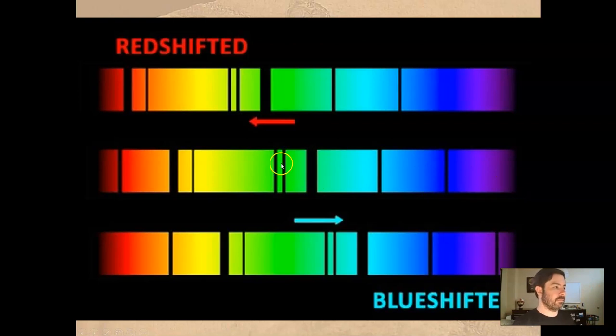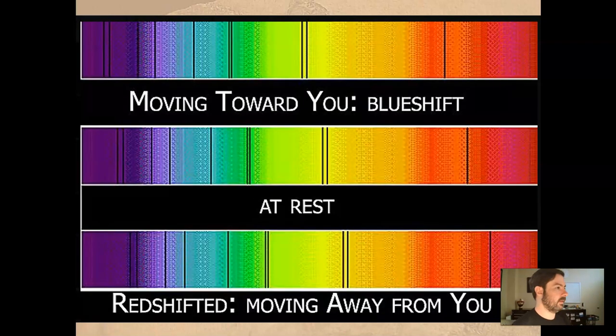Well, if I see that same pattern of lines, but they're shifted more down towards the red region, that's called a red shift. That actually lets me know that something is moving away. This light source, this galaxy is moving away. If the lines are shifted more towards the blue, that's called a blue shift. And that actually means this light source is coming closer. It's like the Doppler effect, but with light, not with sound.